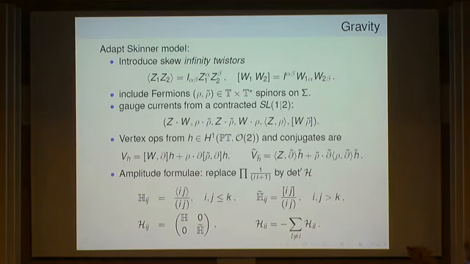And so basically what he does, you need to break conformal invariance, and this is done by introducing this so-called infinity twistor, a skew twistor, and we just introduced this bracket notation for the contractions that come from that. And you need to introduce a whole new bunch of fields: Z and W have superpartners, rho and rho tilde.